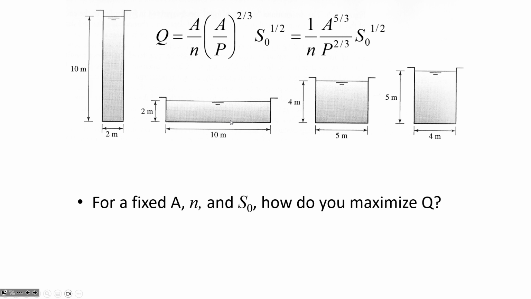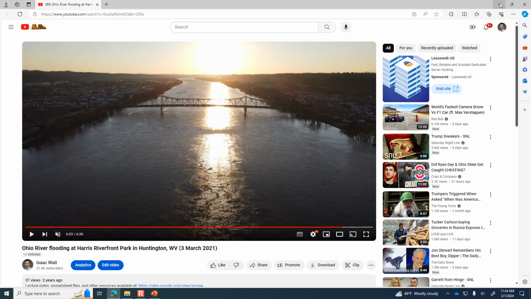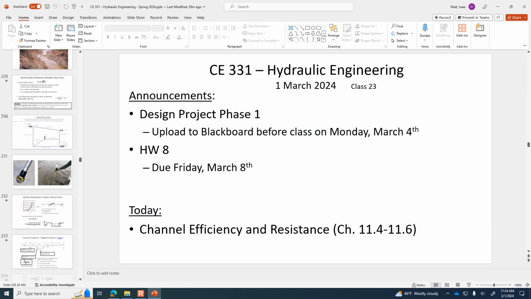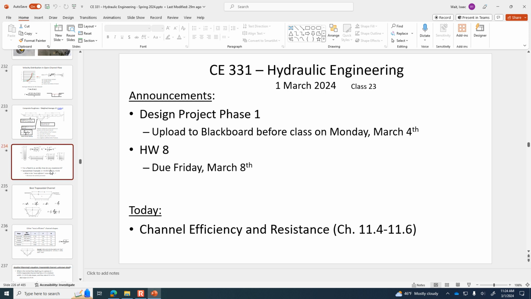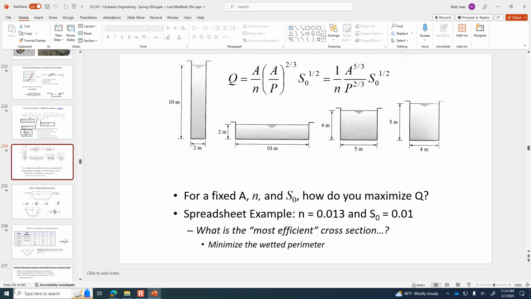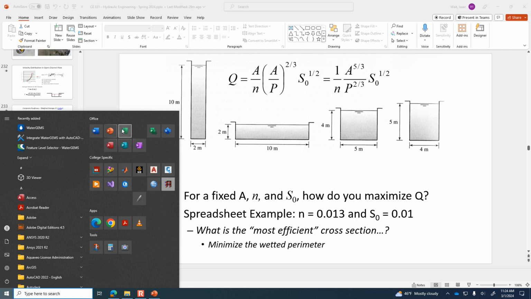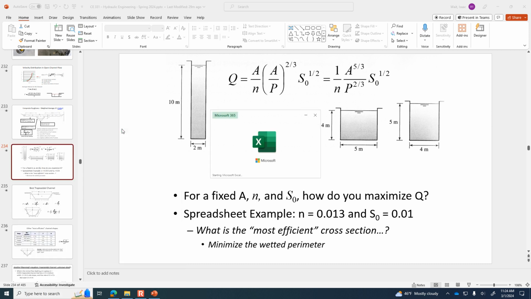So we're going to look at that just with a quick spreadsheet comparison of, for these different channels, what is the flow rate that would arise for each of them.